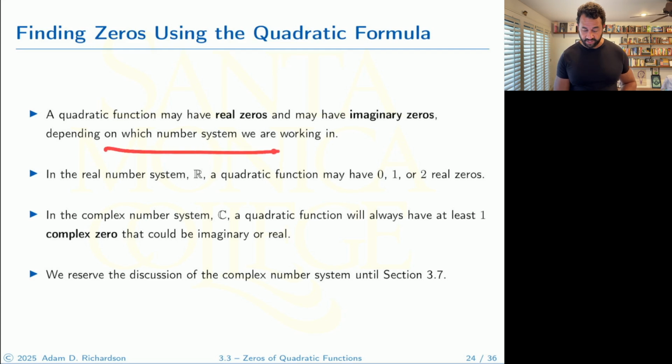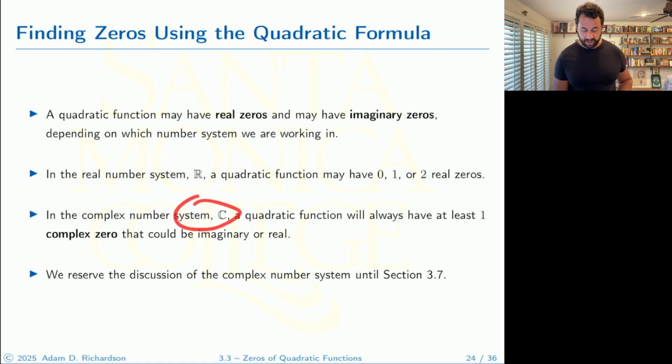It really just depends on what number system we're working in. So in the real number system, R, a quadratic function may have 0, 1, or 2 real zeros. So if you're restricting yourself to the real numbers, there are only those three possibilities. No real zeros, one real zero, or two real zeros. That's it. Only those three cases.